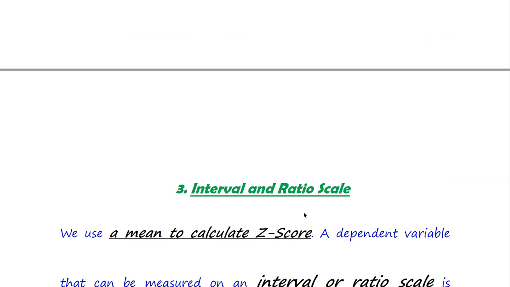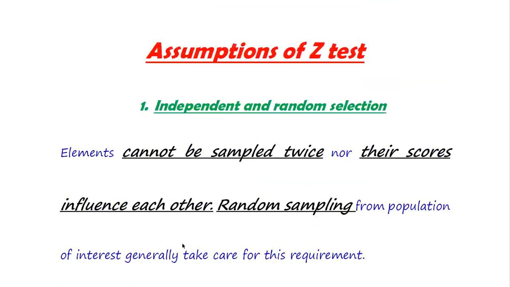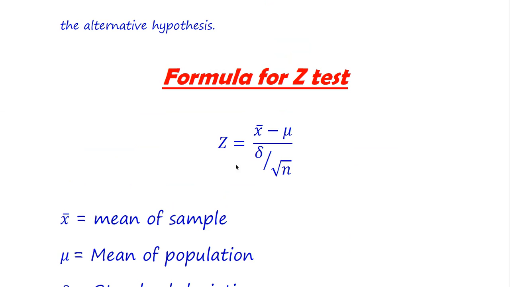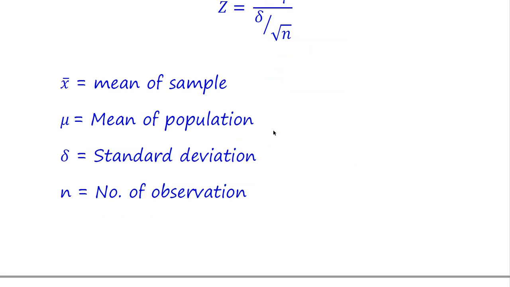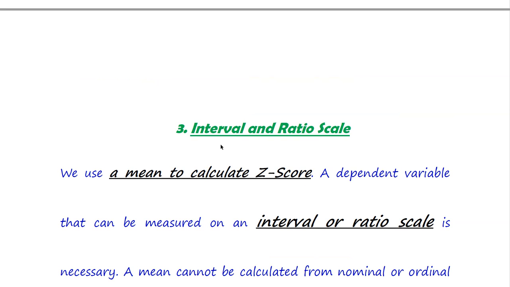The third assumption is interval or ratio scale. If we use a mean to calculate the z-score, the dependent variable must be measured on an interval or ratio scale. As you know, we calculate the mean in the z-test, so the mean can be calculated on data which belongs to an interval or ratio scale.